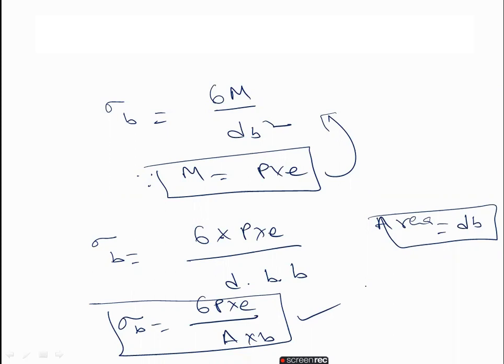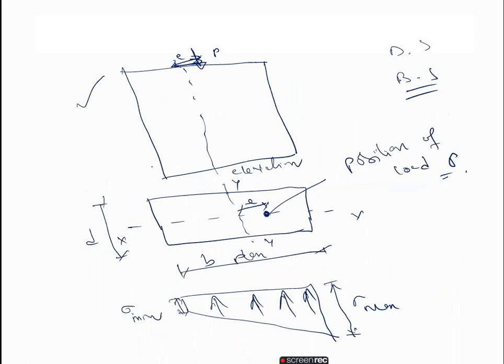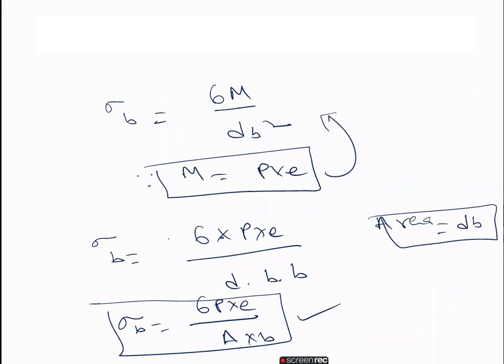The stresses will be maximum along the layer BC. Here I will show you in the plan. If I take this as A, B, C, D, the stresses will be maximum along this layer BC, as well as minimum along the layer AD. Same like this I will write the maximum and minimum stresses.